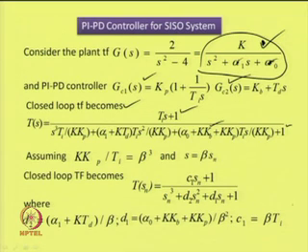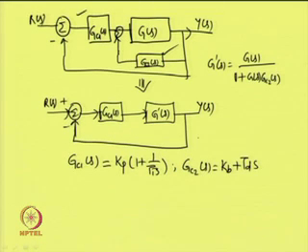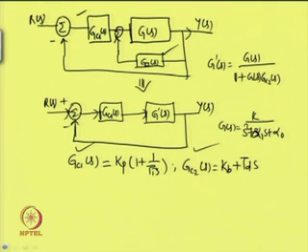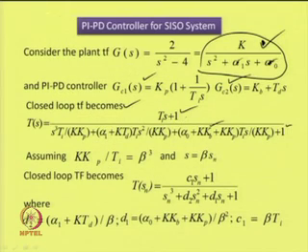How do we get that closed loop transfer function? If we substitute G(s) equal to k upon s square plus alpha 1 s plus alpha 0 and the form of the GC1(s) and GC2(s), then the closed loop transfer function can be obtained as shown over here.